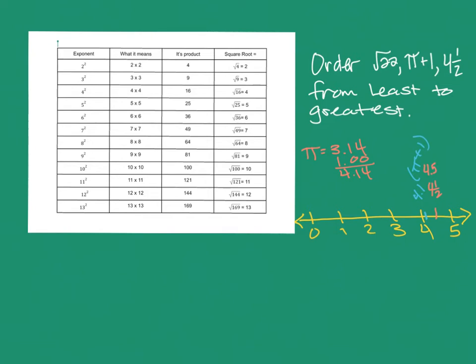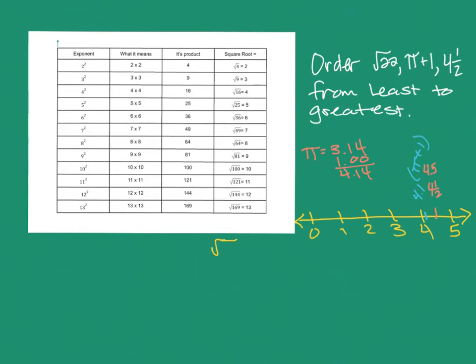The trickier one is this square root of 22. So we'll kind of use that skill again. We're going to look on our list for the perfect square that's right below and the perfect square that's right above. So 22 would fall right in about here. So we have the square root of 16 and the square root of 25 immediately below and above. So I'm just going to write it down here.